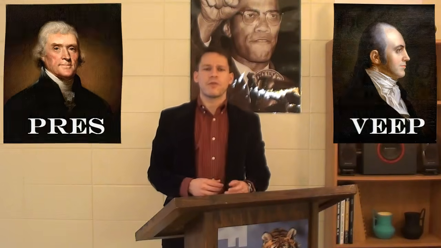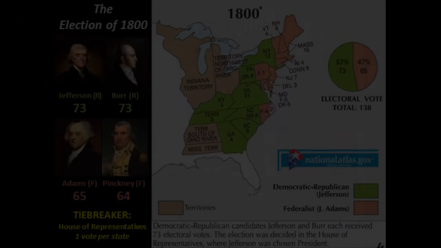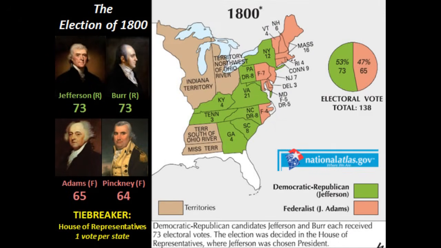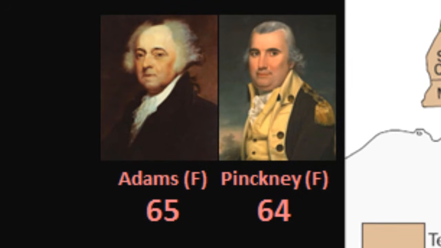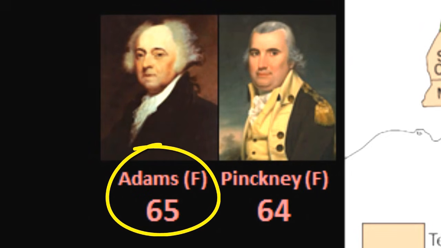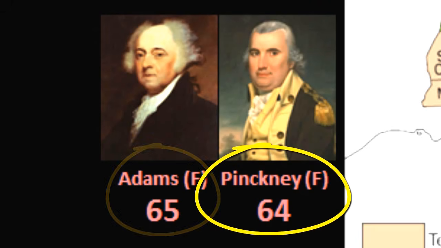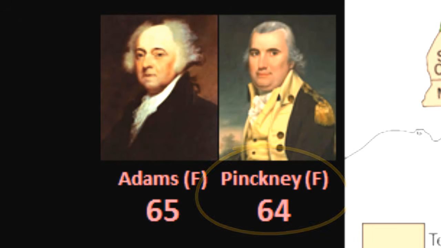Well, when the Electoral College met, the Federalist electors were pretty disciplined. They got together and made sure that all of their electors voted for Adams, but that one abstained from voting for their vice presidential candidate, Charles Pinckney of South Carolina. The reason for this was, as the Constitution was originally written, everyone wrote two names on a ballot.